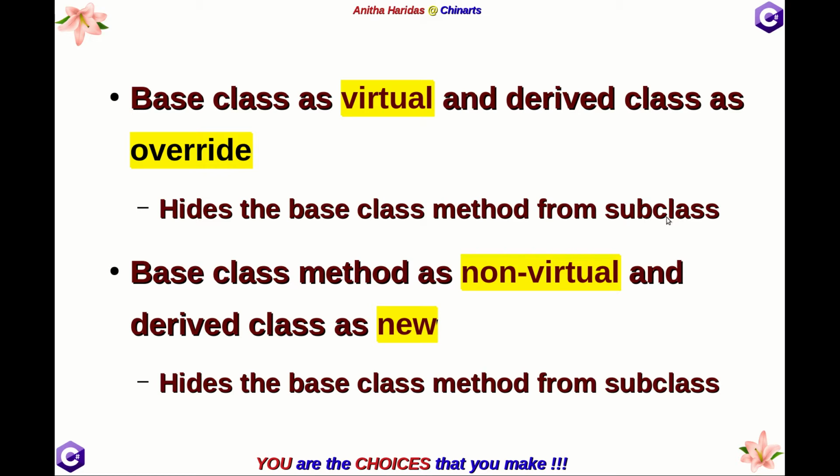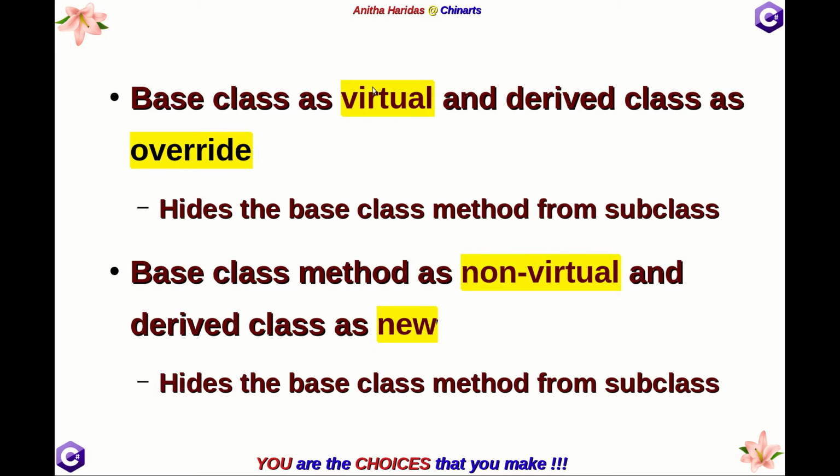In the same way, if the base class method is a non-virtual method and the derived class has the new modifier, it will also hide the base class method from the subclass. So if you ask me how to hide the base class method from the subclass, these are the two ways.